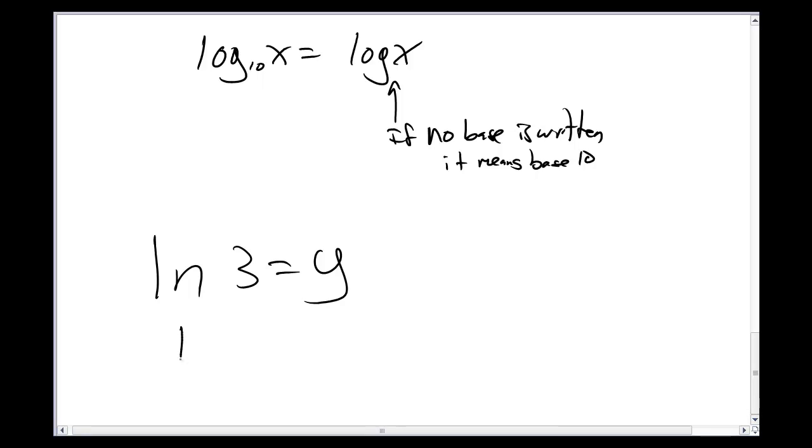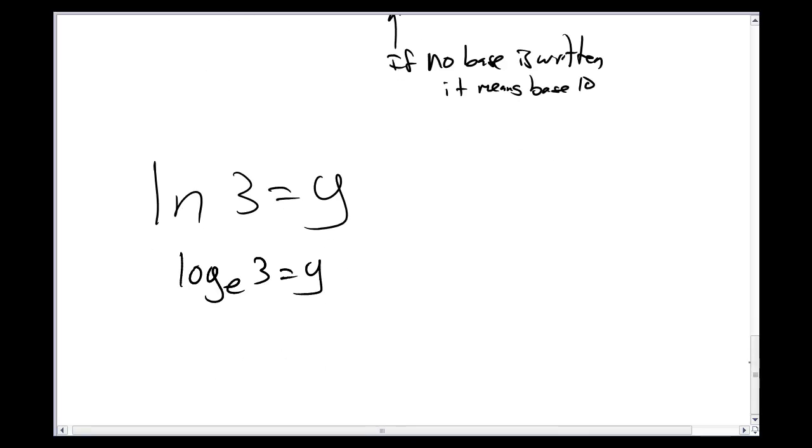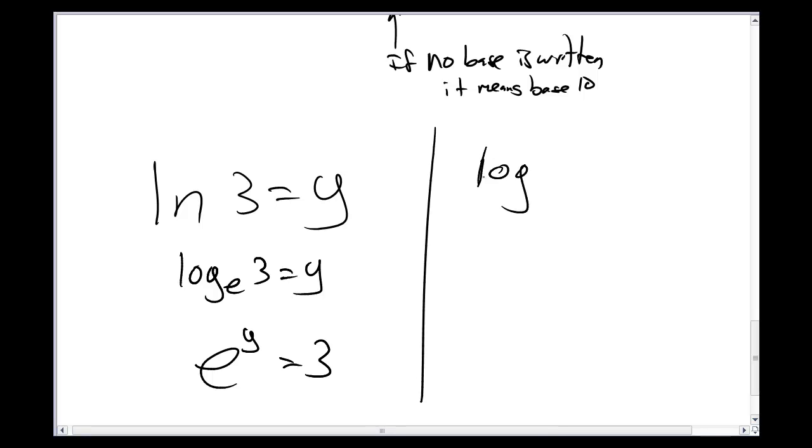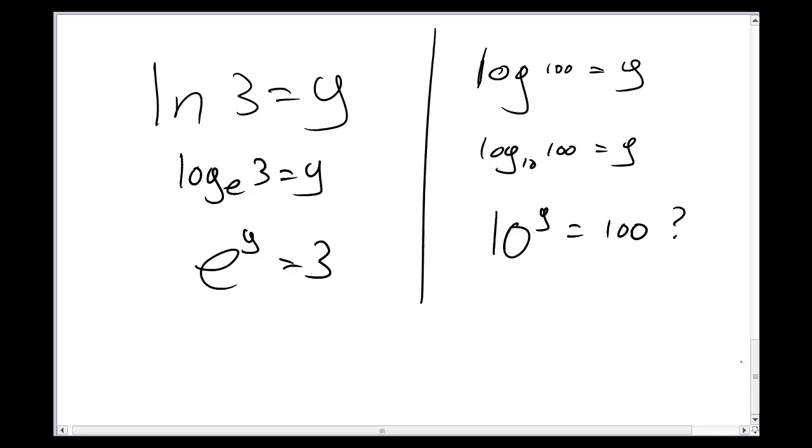So if I have ln of 3, what I'm really saying is log base e of 3 equals y, which means I'm really asking e to the what equals 3. By the same token, if I have log of 100 equals y, I know this is secretly log base 10 of 100. And this means that I'm really asking 10 to what power equals 100. And this lets me solve for y.